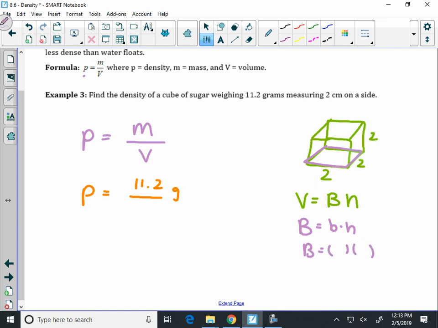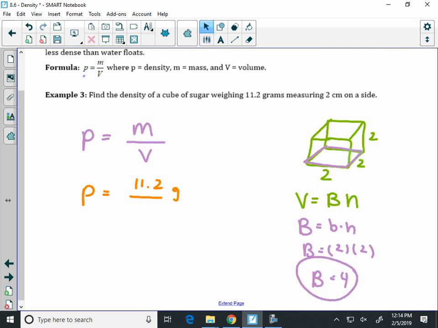Okay. So, again, it's a cube. Everything you plug into this formula is 2. So the base of our base is 2. The height of our base is 2. So 2 times 2 is 4. That's our big B. Our H, the height of the entire prism, is what? 2.